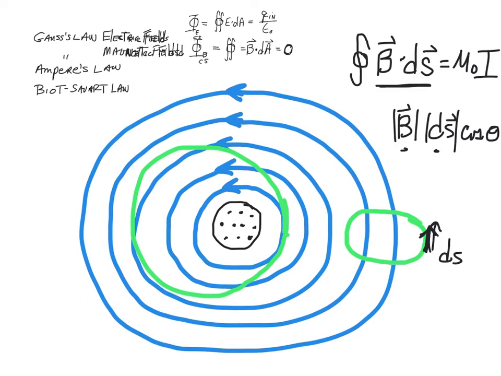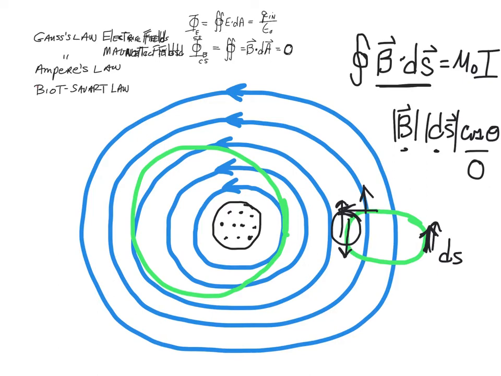However, when you go over here, going around the loop, the ds is down, the B vector is still up, and it's the cosine of 180, and this will give us a negative value. If we take a ds vector here, the field is up, they're perpendicular, the cosine of 90 is 0.